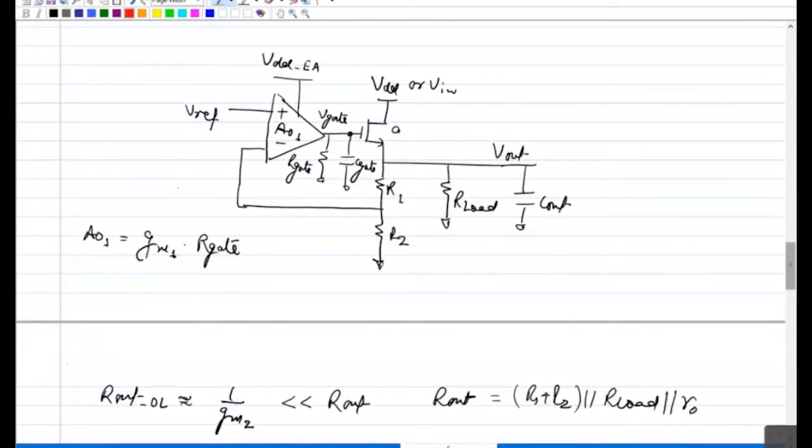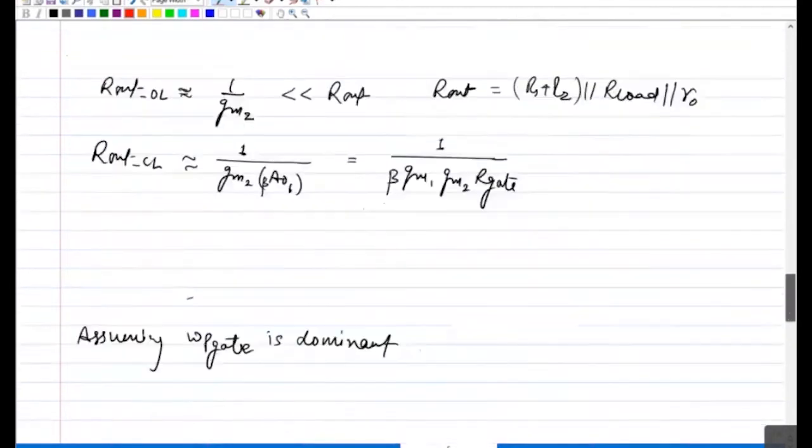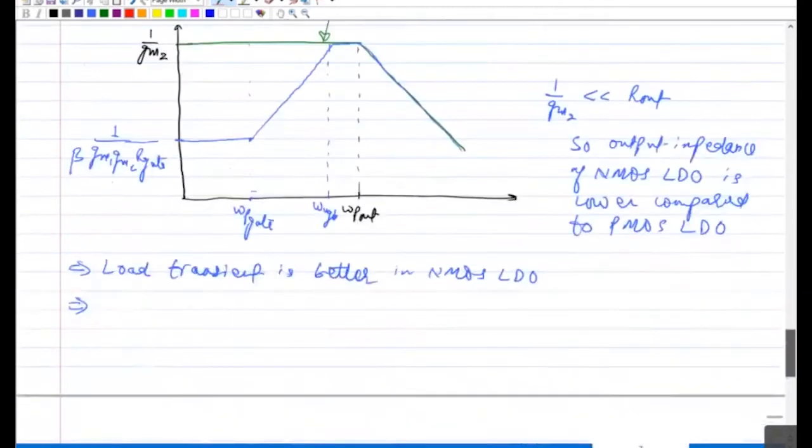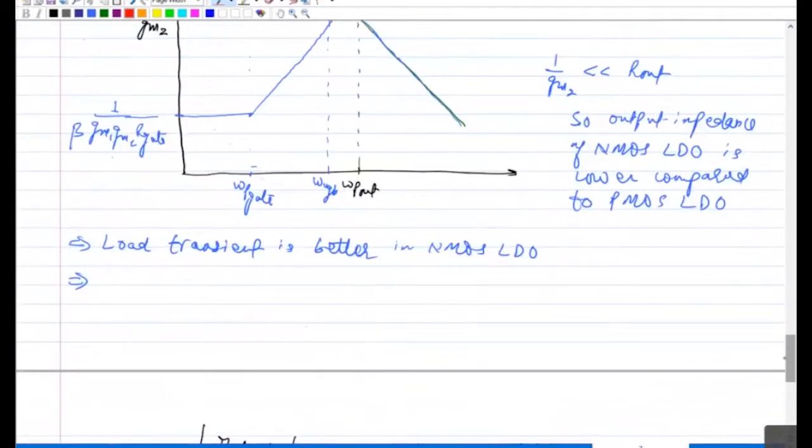In this case, if you have only 40 dB in the error amplifier, then the total loop gain will be roughly 40 dB or less, which may not be acceptable. So there is no option but to use a high gain error amplifier, 60 dB. In that case you can say it will be better. But if you talk about the same error amplifier gain, then there is no change.